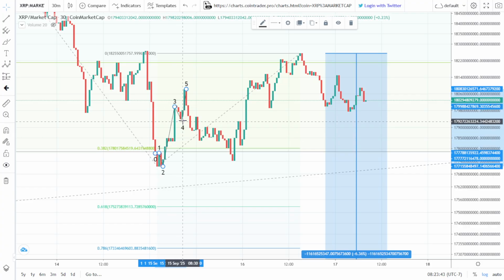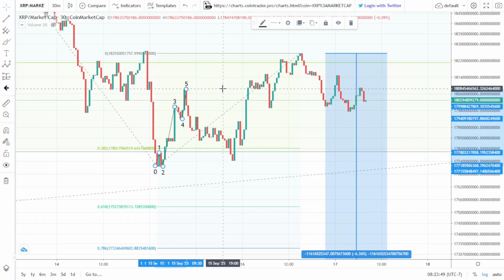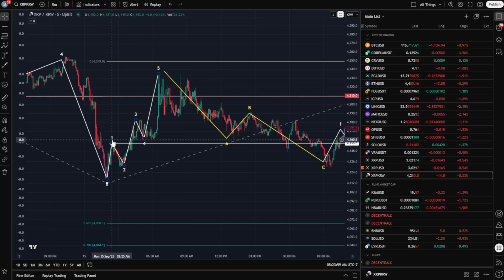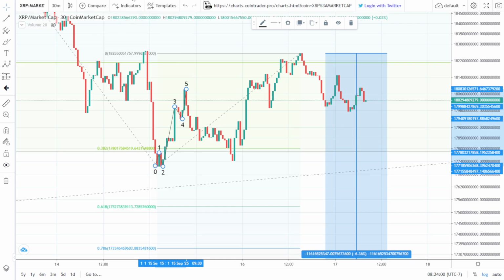And that's our 4. We're nowhere near the potential start of this wave count here with this market cap chart. So I've been using the 3 together simultaneously. We have a cross here on the USD chart, we have no cross on the Korean chart, and no cross here on the market cap chart.